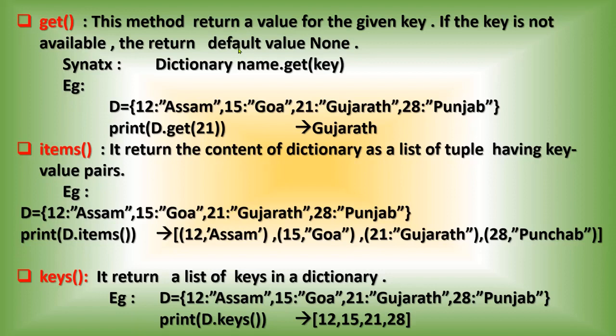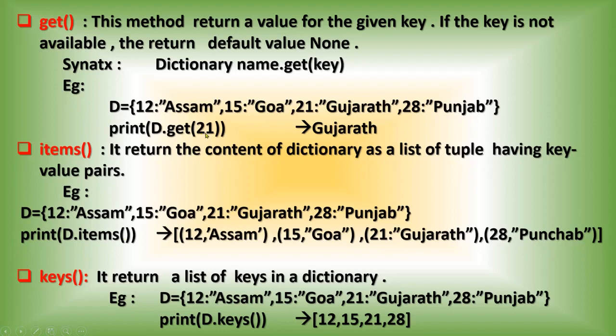And the next one is items. Items will return both the key and the value of the given dictionary. It returns a list of tuples of key and value. The return value is in the form of a list, and each element is in the form of a tuple. See the example. D is a dictionary. Print D dot items. There is nothing inside the bracket.